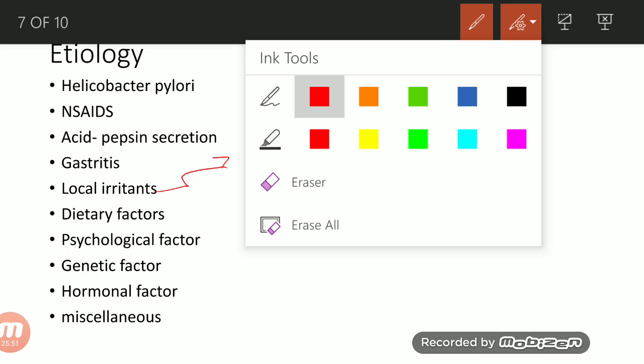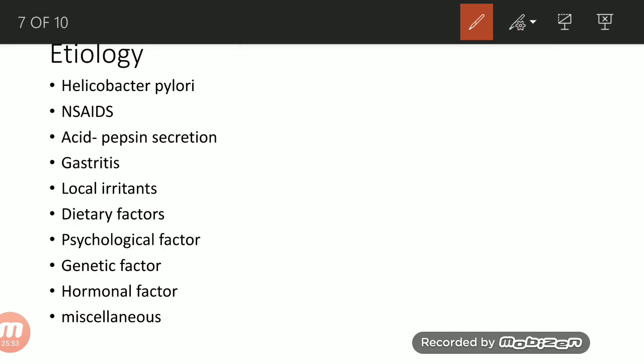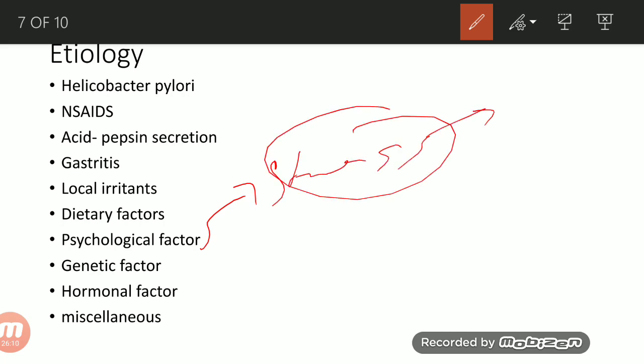Dietary factors: nutritional deficiencies have also been shown to lead to peptic ulcers. Psychological factors: stress is an inducer of peptic ulcer.